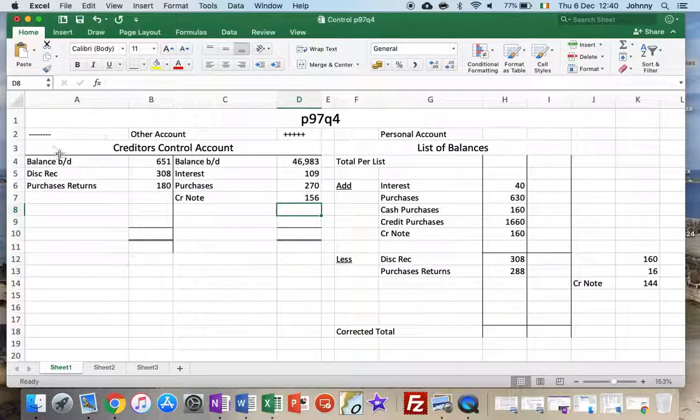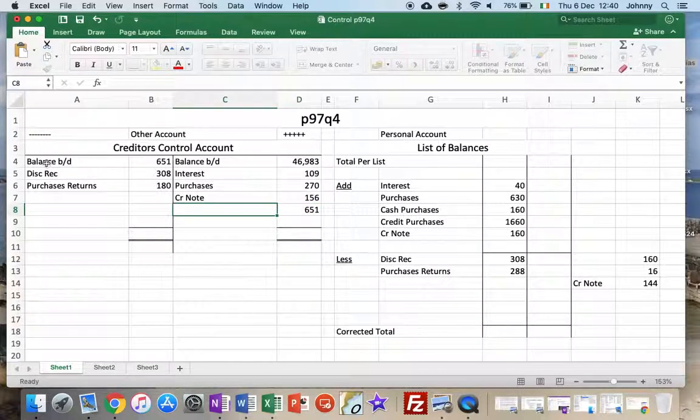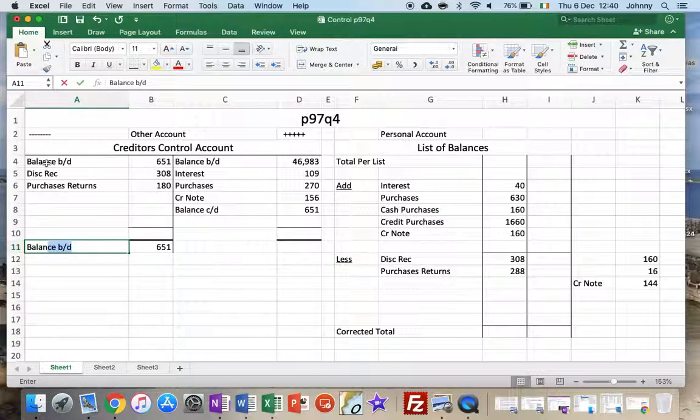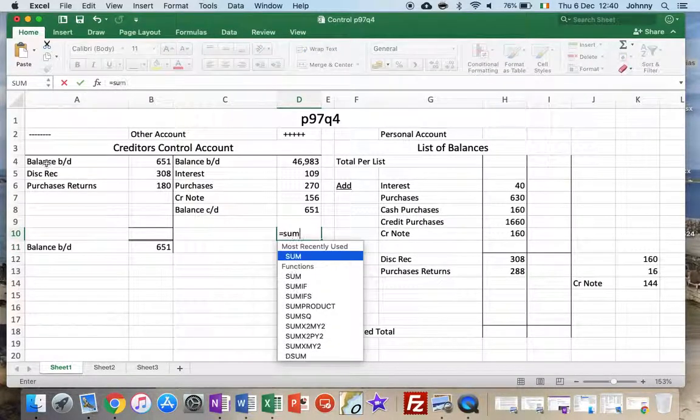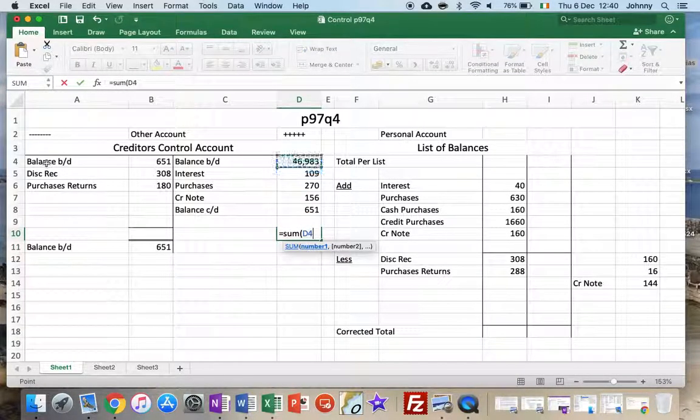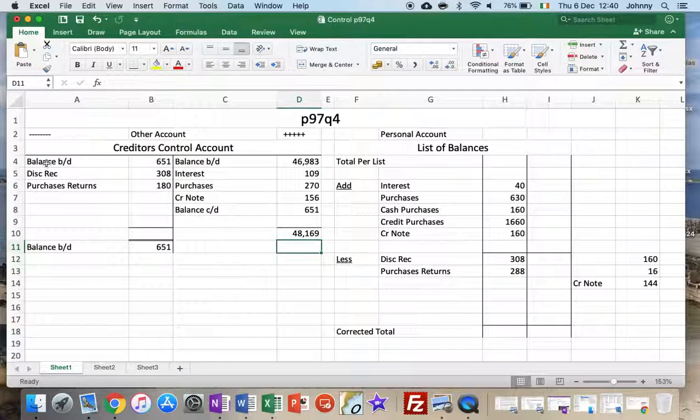So what I do is I start with my control account. I need to balance this. Now back to the 651 that balance on the debit side at the beginning. Nothing has happened to change that. So we still have a balance CD of 651, which means we've got a balance BD of 651. So now at this stage then we add everything up. So I want to try and find out what is the total that should be in this account.